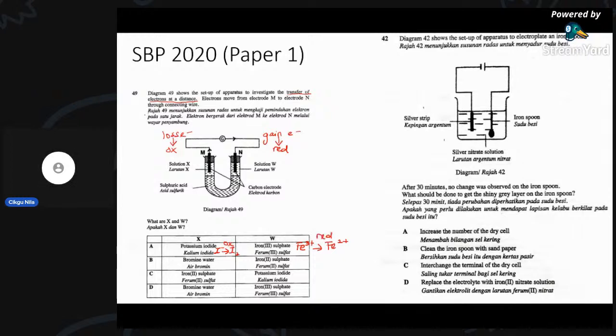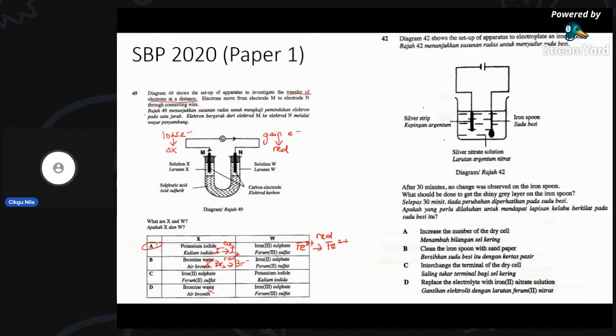We can check with the next one, bromine water. Br2 becomes Br minus. The oxidation number is 0 to negative 1, which is reduction. So it is wrong, and this one is also wrong.